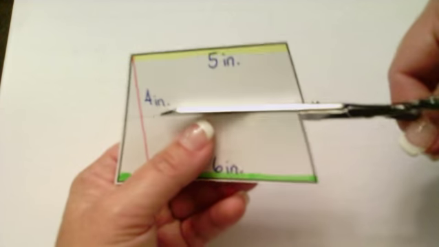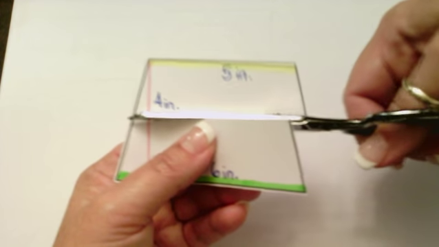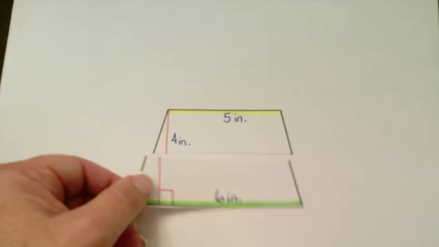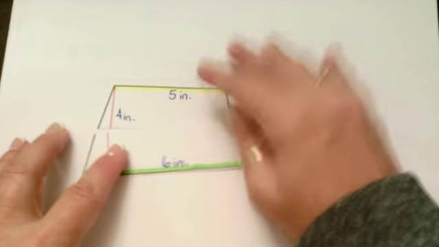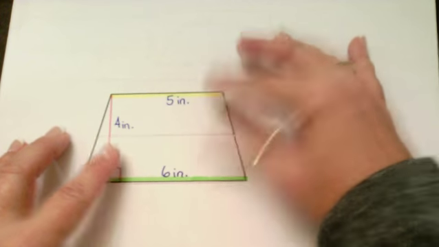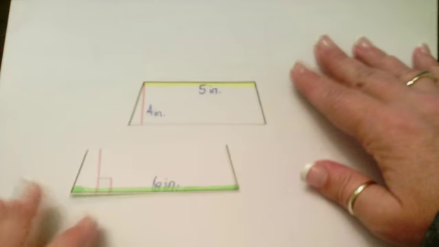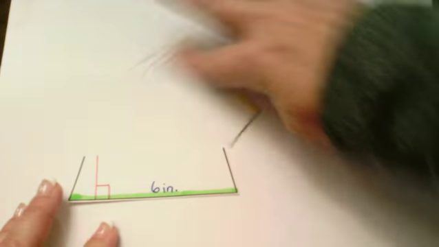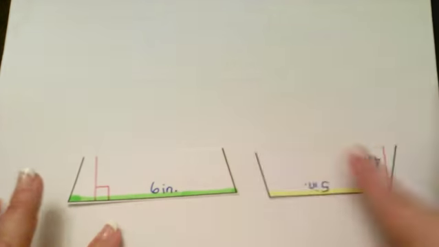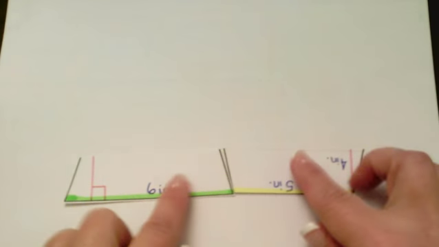Now notice as I'm doing this, it chops the height in half. So right now this is 4 inches tall, but when I chop it in half, half of 4 is going to be 2. Now, in order to get this length right next to the bottom length, I'm going to flip it upside down.